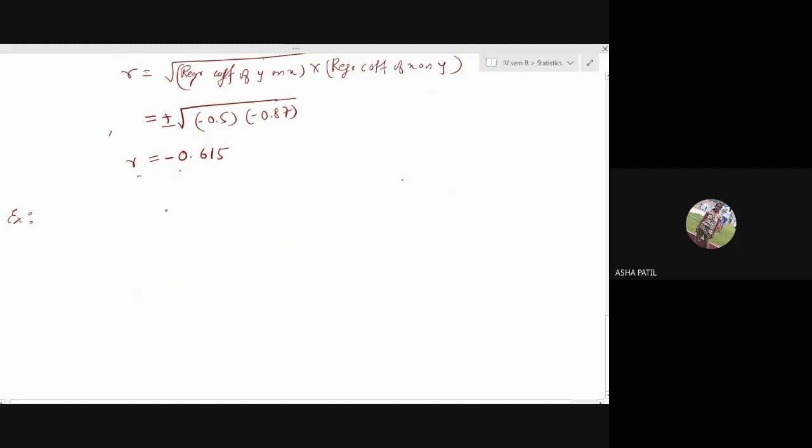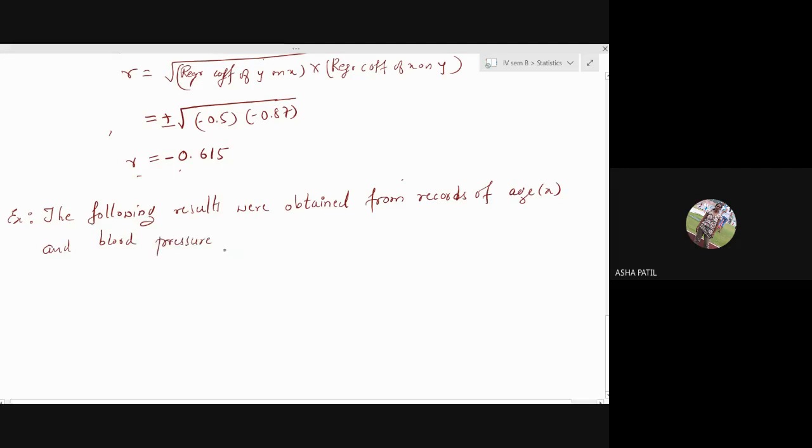Take the following. The following results were obtained from records of age, considered as X, and blood pressure, considered as Y, of a group of 10 men.